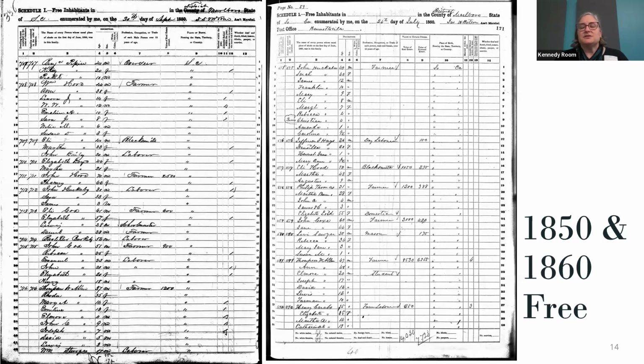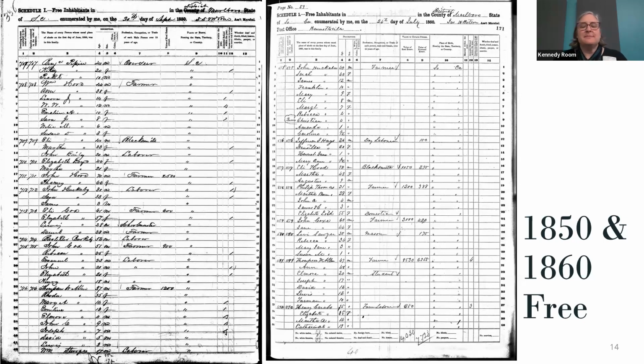Asked for their age, their sex, their color, limited to white, black, or mulatto, their profession, occupation, or trade of each male person. So even if a woman had a trade or occupation, if the census taker was following directions, it will not be listed. However, I have seen census takers not follow directions, so sometimes you get lucky.